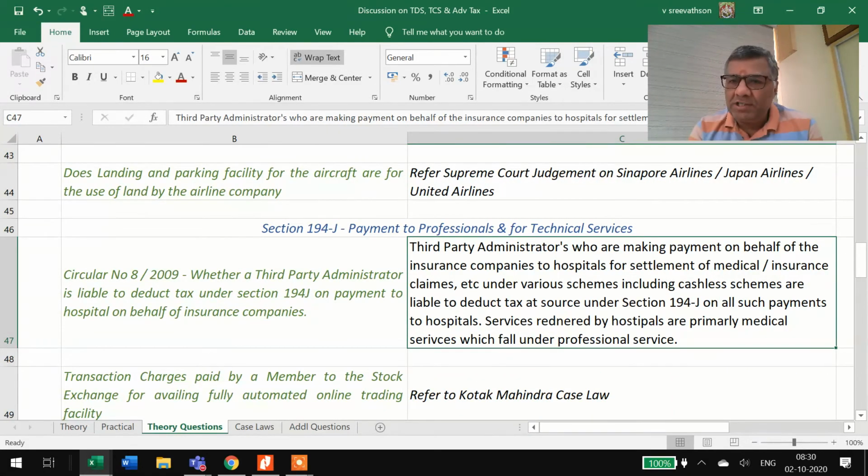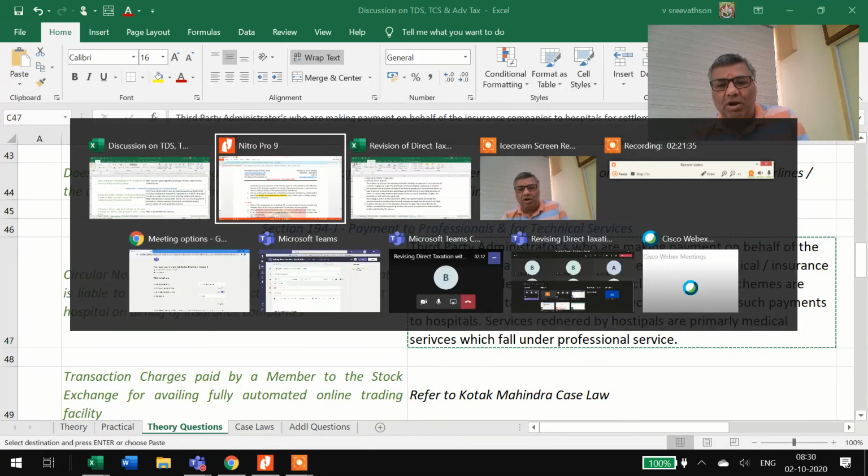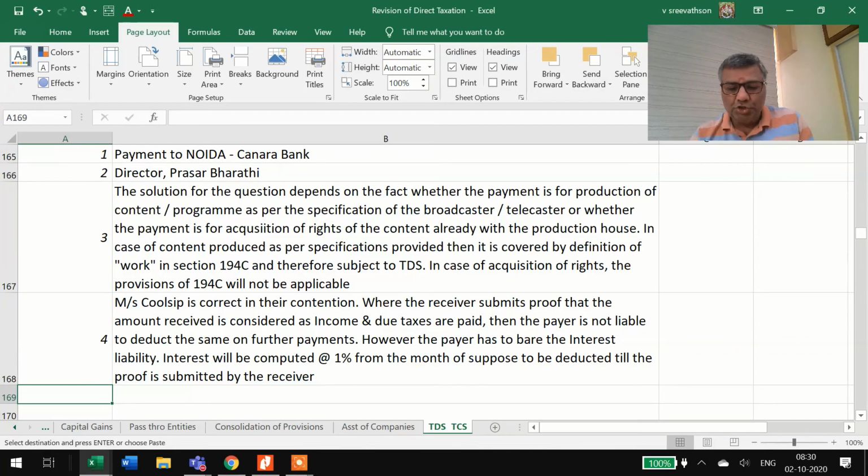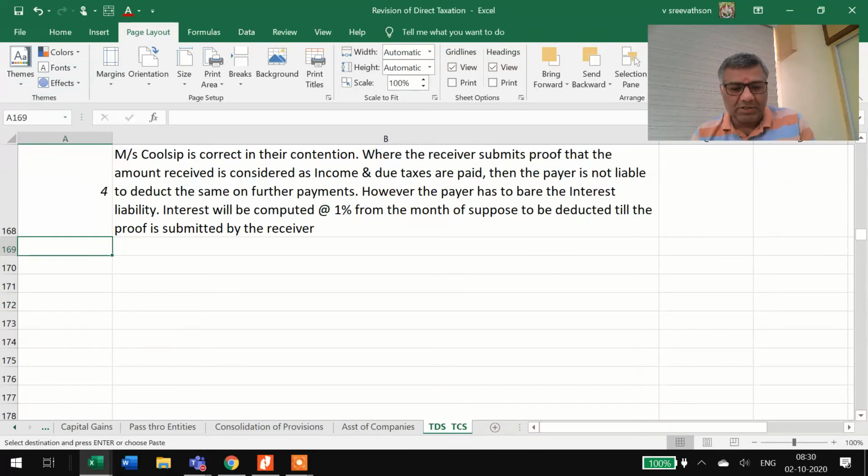Third-party administrators who are making payment on behalf of the insurance company to hospitals for settlement of medical or insurance claims, under various schemes, including cashless schemes, are liable to deduct tax at source under 194J on all payments to hospitals. Services rendered by the hospital are primarily professional services. So you are liable to deduct tax at source.